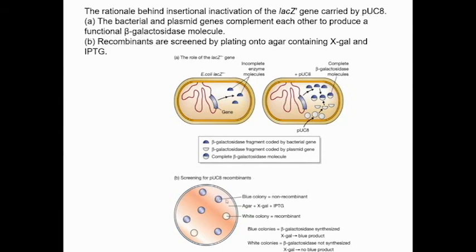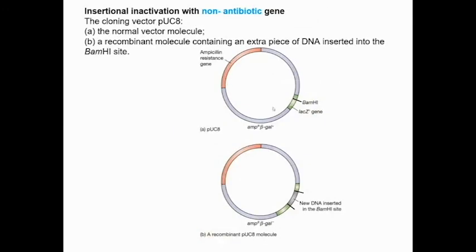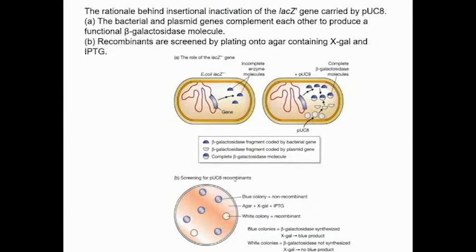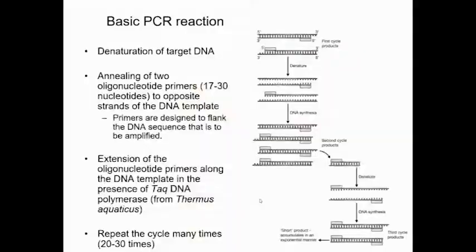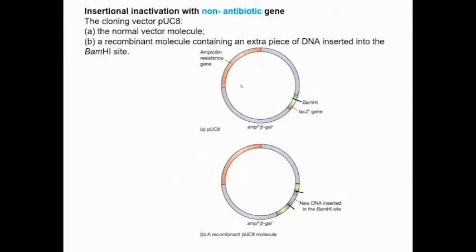If it's blue, that means the cell carries the original vector DNA, because they produce beta-galactosidase, which cleaves the X-gal and gives you the blue color. That's how you screen for the recombinant DNA molecule, to distinguish between these two.